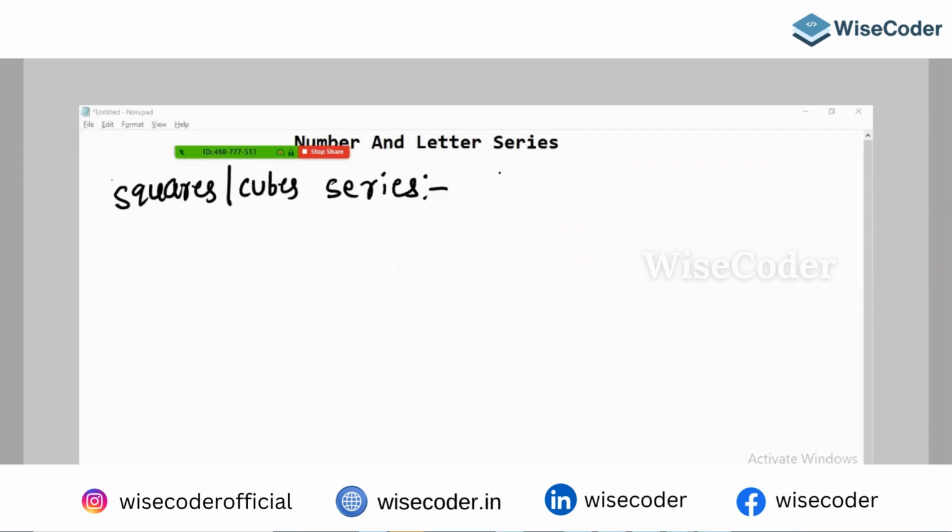You should know the squares from 1 to 30 and the cubes from 1 to 15. Please pause the video and try to write 1 to 30 squares and 1 to 15 cubes.